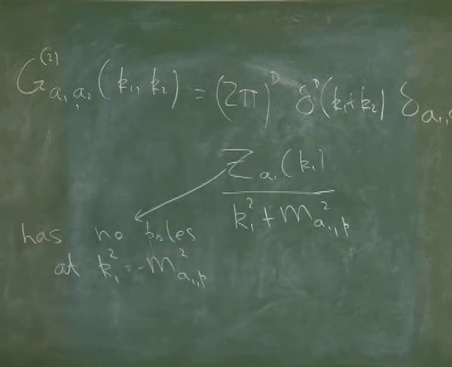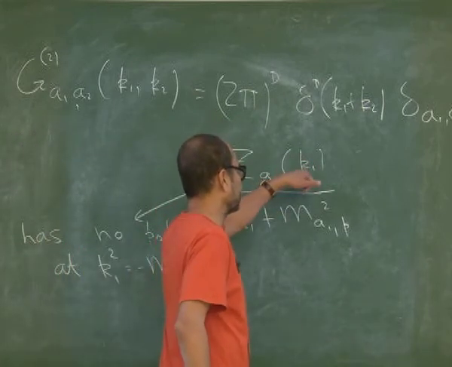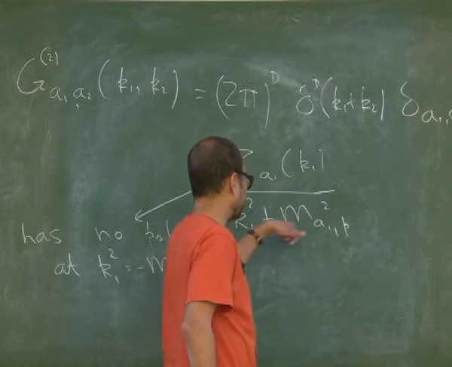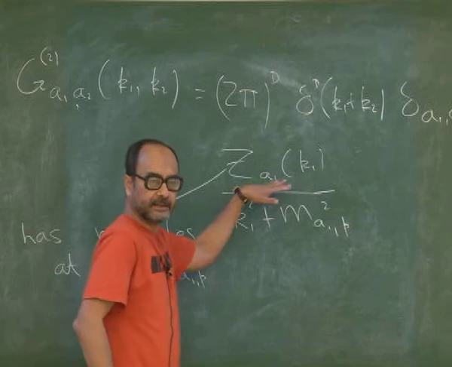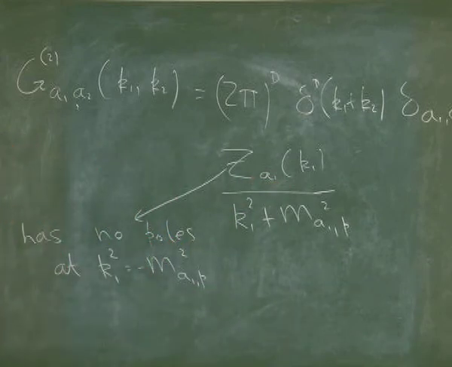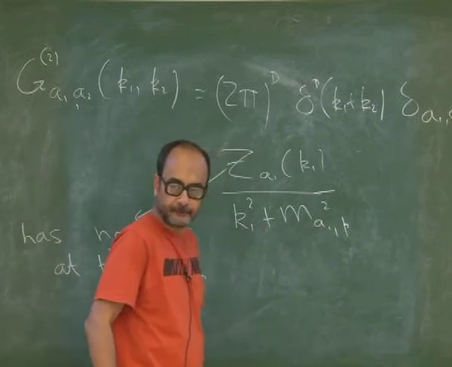Often one just gives the whole part of it, so you just think of this as a constant, which is the value of this evaluated at k1^2 equal to minus m_a1^p squared. But we will keep it like that because it just makes some of the expressions simpler. So all the poles of the Green's function come from the denominator.